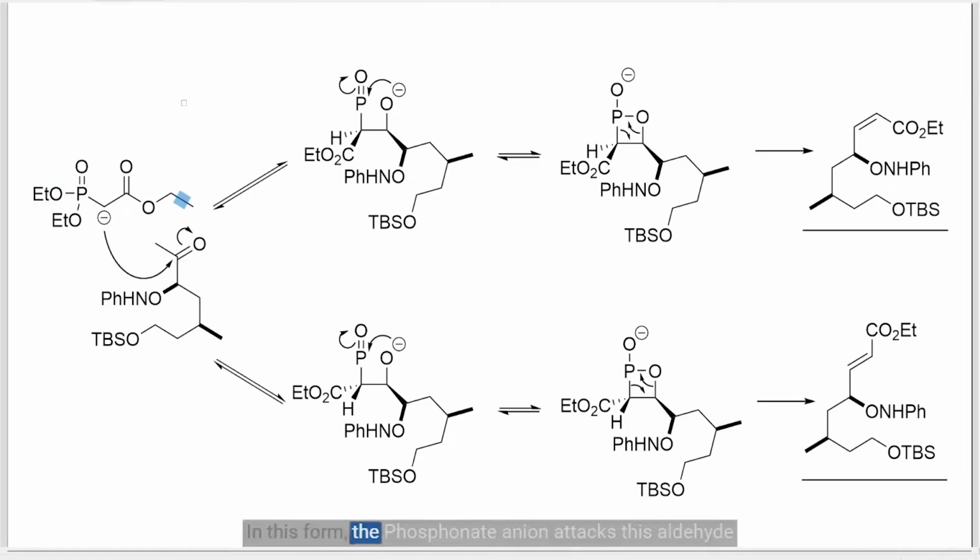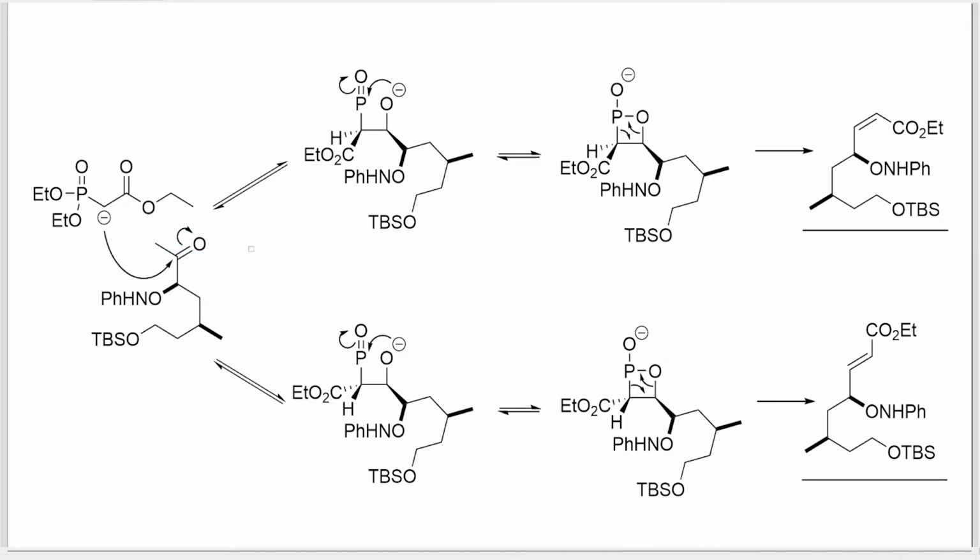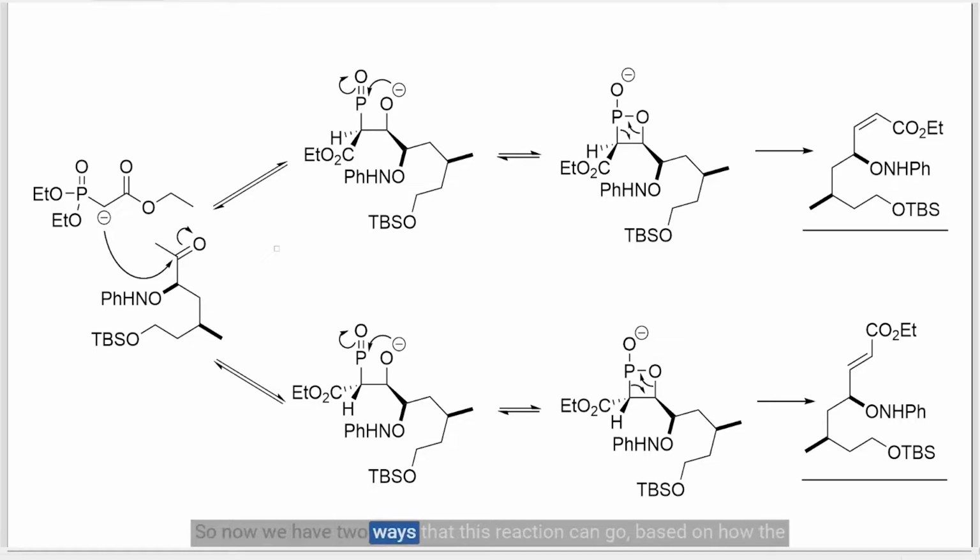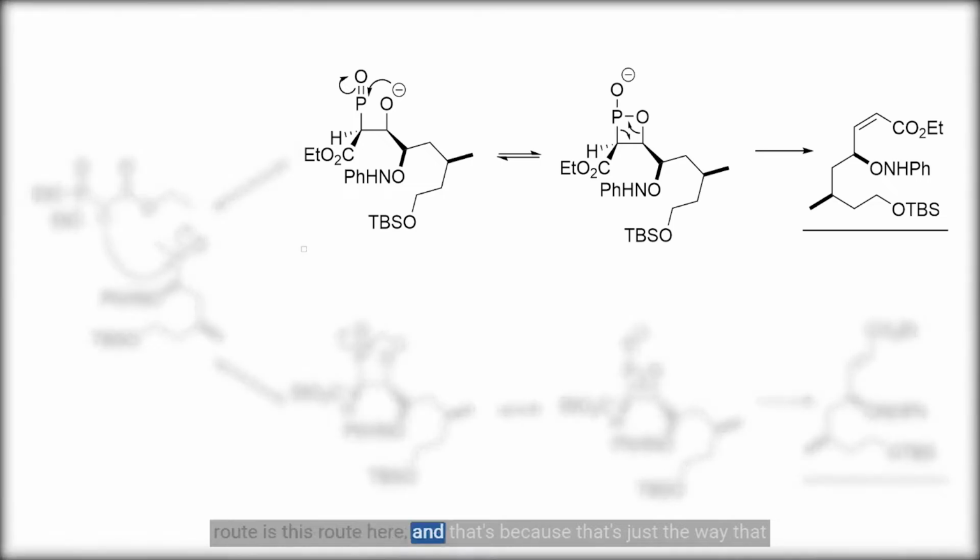In this form, the phosphonate anion attacks this aldehyde carbon, pushing the carbonyl electrons onto the oxygen. So now we have two ways that this reaction can go based on how the carbonyl was attacked by the phosphonate. The kinetically favorable route is this route here, and that's because that's just the way that the phosphonate would initially have bonded with the carbonyl.